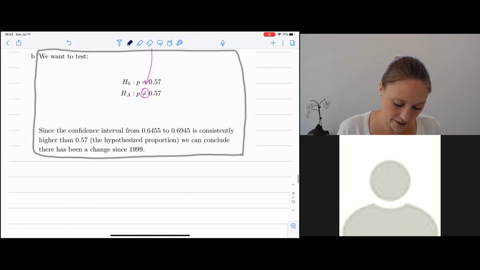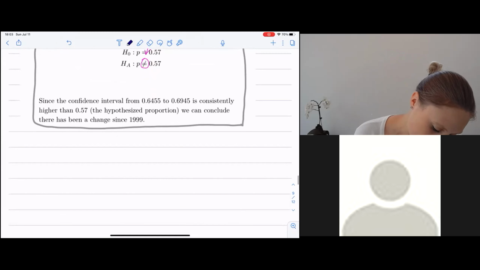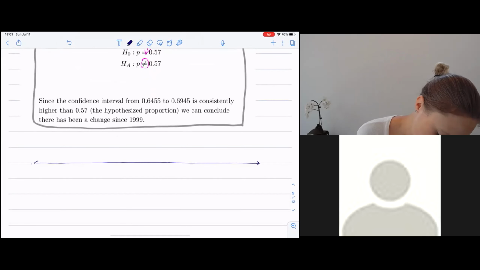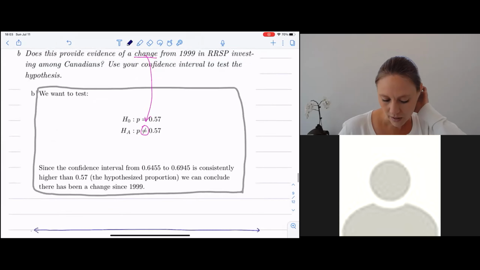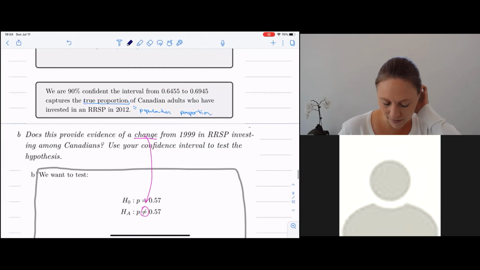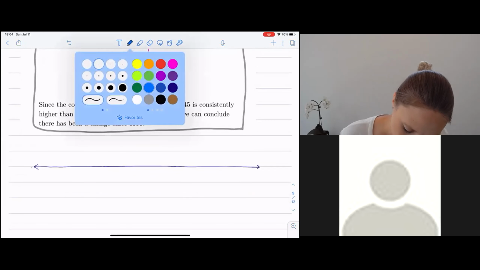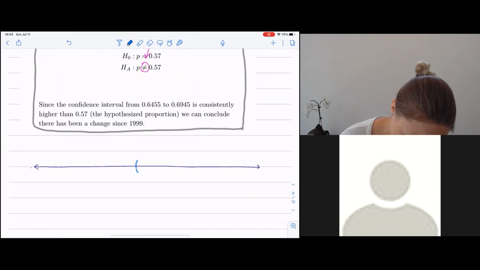Because this is kind of hard for students in the beginning, if you think about it as a number line, right, you've got your proportions here. And our confidence interval was from 0.6455 up to 0.6945.